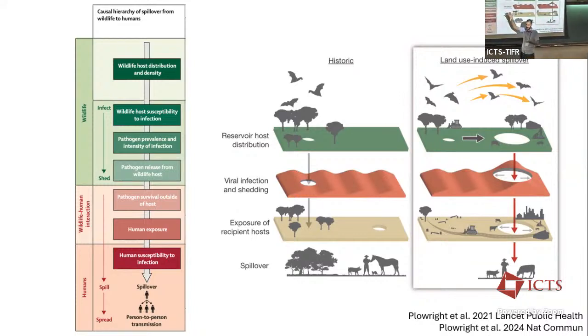What is their abundance? Are they susceptible to infection? If they are infected, how intense is that infection? Do they have high prevalence, or do individuals have very high pathogen loads? And then there's this process of when they release these pathogens into the environment. You can simplify that as infection and shedding.